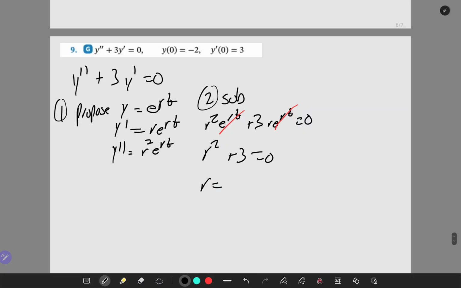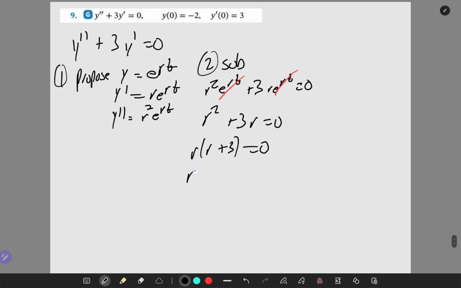So this tells us that r... I was going to say that doesn't work. I forgot the r there. So if we take out an r, this would become r plus 3.